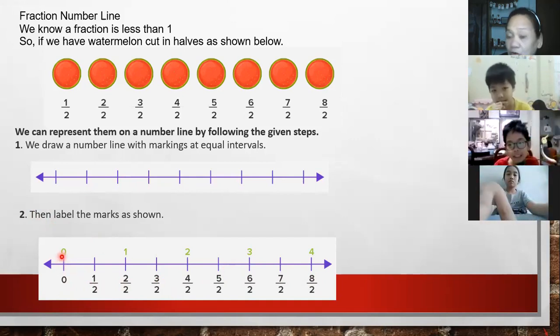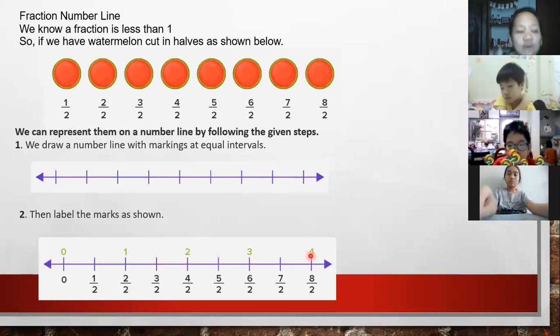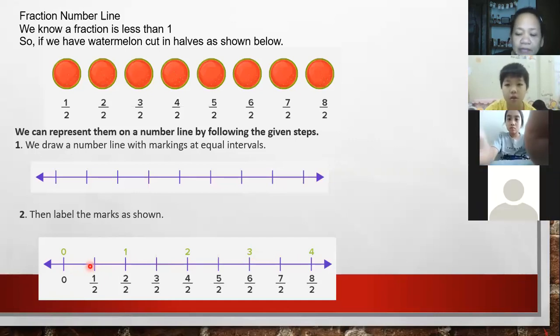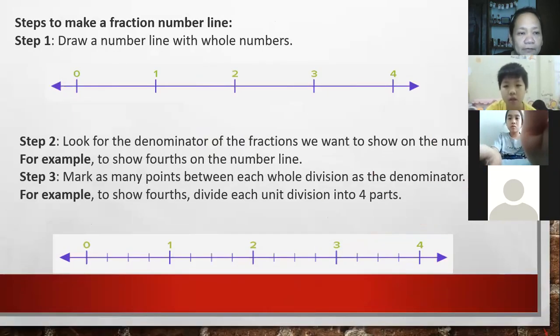That is 0, 1, 2, 3, and 4. That's why we have 4 watermelons, because we show you how to label the marks of equal intervals. Okay? Understand? No question. Okay. Next.